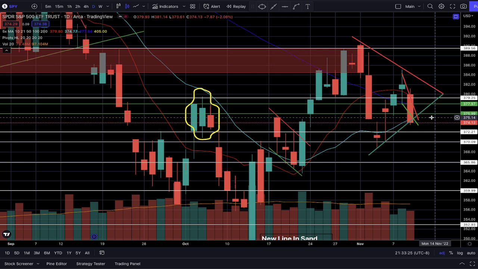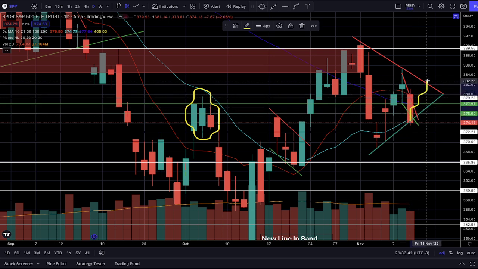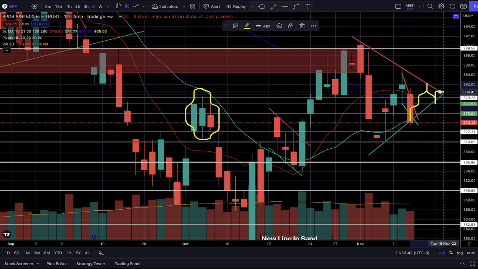So if I want to see an ideal price action tomorrow, I want to see a bounce so that we can come back into this wedge chart pattern and consolidate even longer, for the next, I would say, 2 to 3 or 2 to 4 trading days. And as we're bouncing, start respecting this descending level of resistance once more.